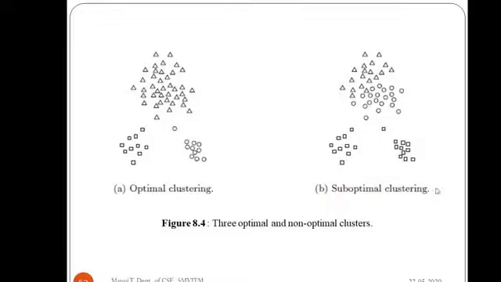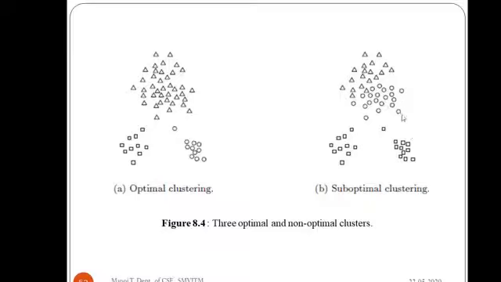You can see that this figure b is different from a. You have some circle shaped points over here also, and square shaped points at the bottom. Why has this happened? Because of the suboptimal clustering. That is, all the points have not moved to the proper centroids, and an optimal solution has not been reached.